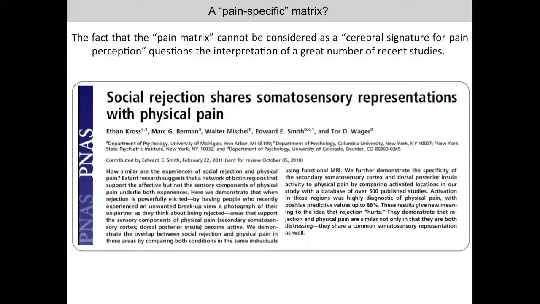And on the basis of that overlap, you want to publish in PNAS, these kinds of things. The idea is that on the basis of this overlap, it was concluded that social rejection has the same somatosensory representation as physical pain. I think this is a bit far-fetched.